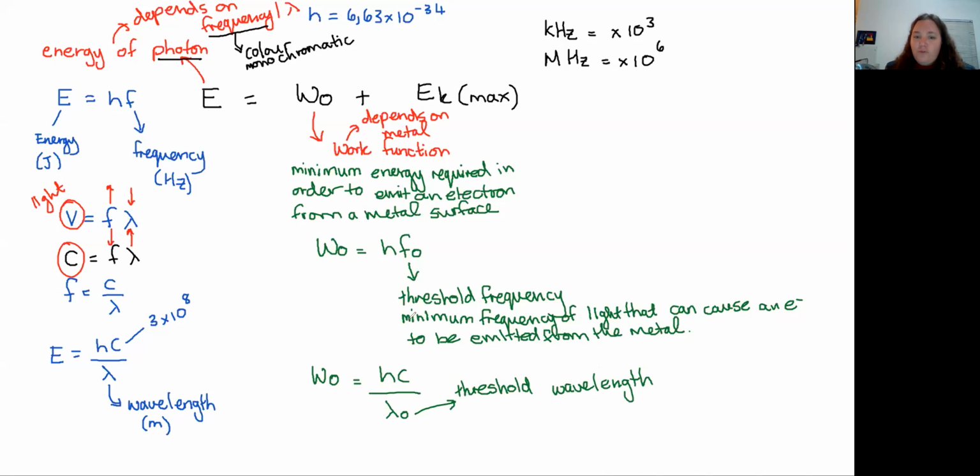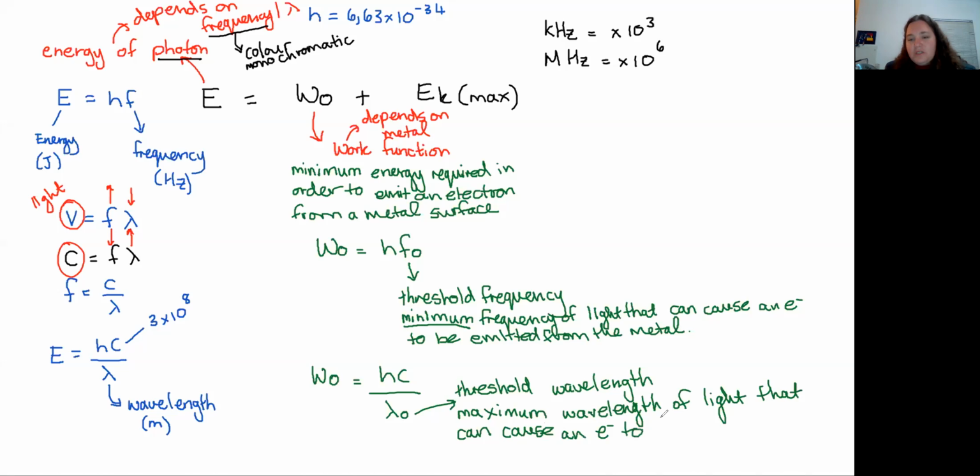So if the frequency was the minimum, the wavelength is the maximum wavelength, or the longest wavelength. Okay, let's be technical. So it's the maximum wavelength or the longest wavelength of light that can cause an electron to be emitted. And quite often, I know I've just said here from the metal, but it's from the metal surface. From the surface of the metal.